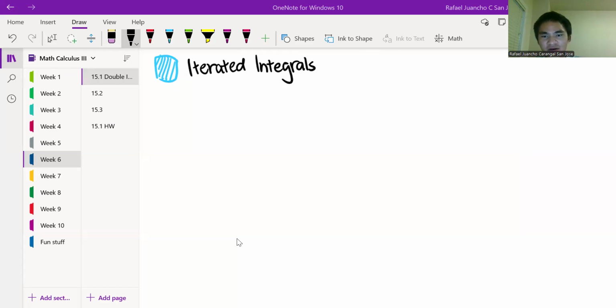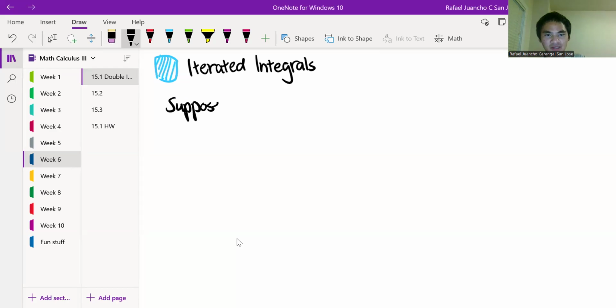So suppose that our function f is a function of two variables. We're going to say this function is integrable, and it's on the rectangle R with bounds [a, b] by [c, d], so intervals. And so we have a notation, and we're saying x is fixed, and f of x, y is integrated with respect to y. Okay, let me actually write this out.